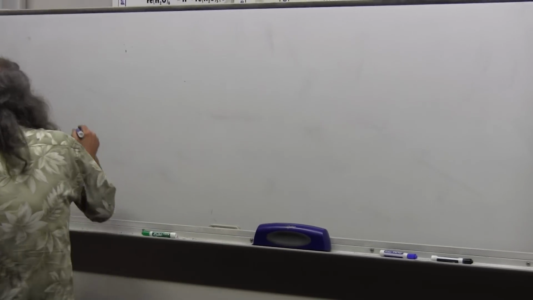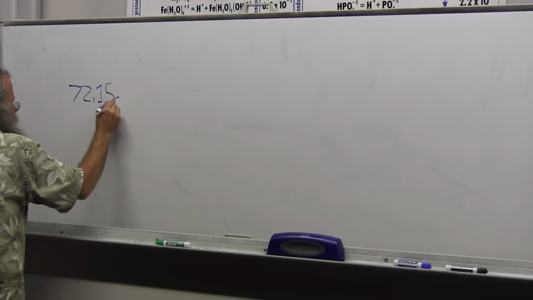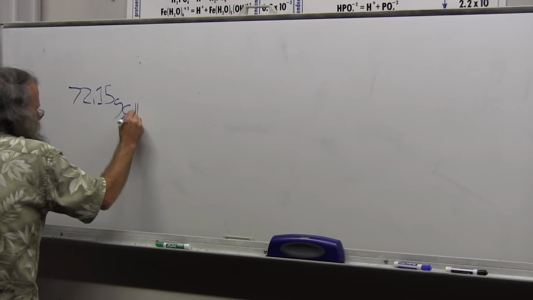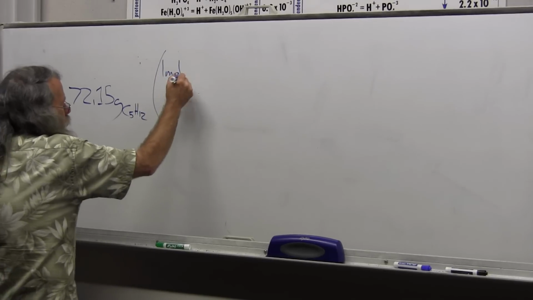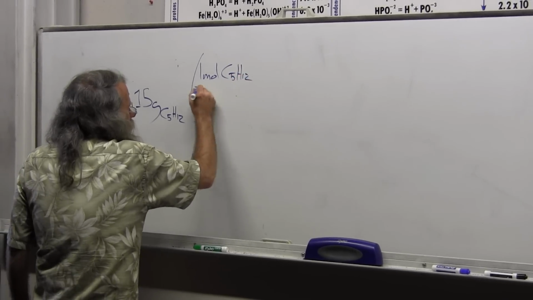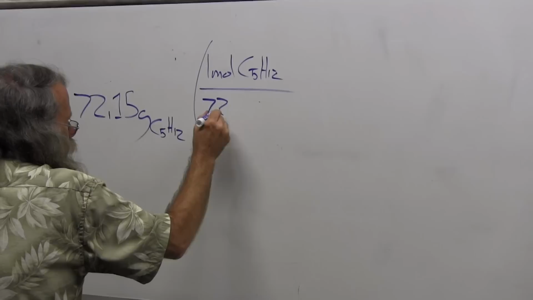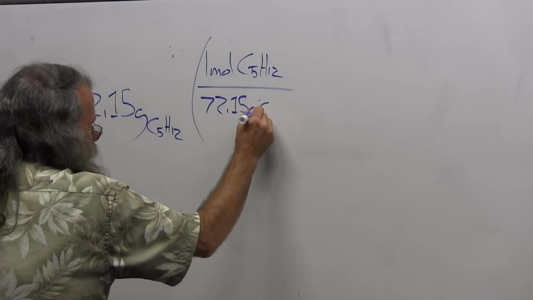And I have 72.15 grams of pentane, and there's 1 mole of pentane for every 72.15 grams of pentane.